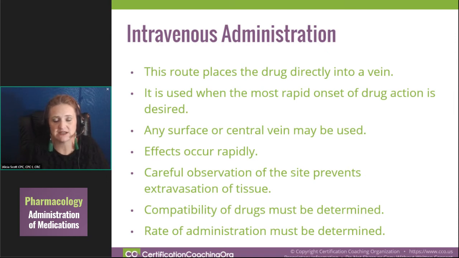If we want an antibiotic onboarded even faster, they can give you an injection, but if they want a stronger antibiotic that can't be given into the muscle, they might do it intravenously, to get it into your system faster. They use any central vein that is close to the surface. So I have this great vein right here, which I don't even know if you can see, bulging right there in the camera.